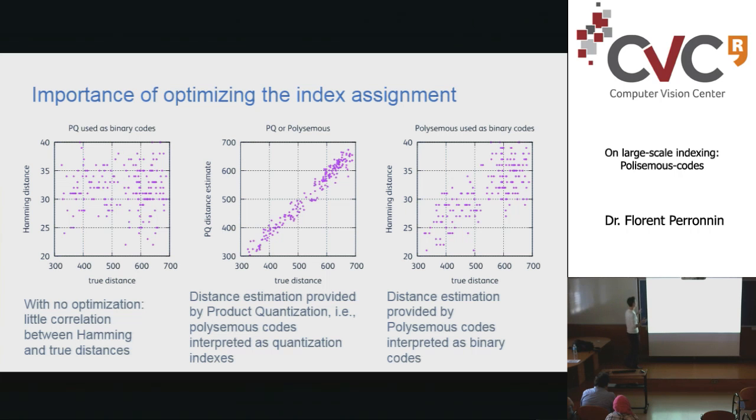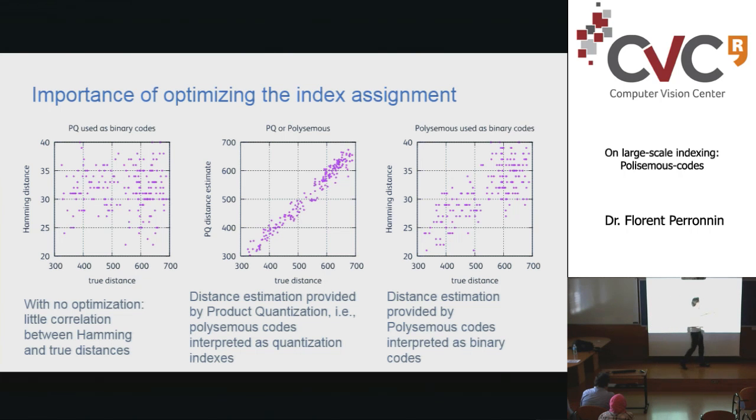The Hamming distance between the PQ codes is completely meaningless, which is why you have these points scattered all the way. Here you have the true distance versus the distance in the PQ space, and of course there is a very strong correlation.